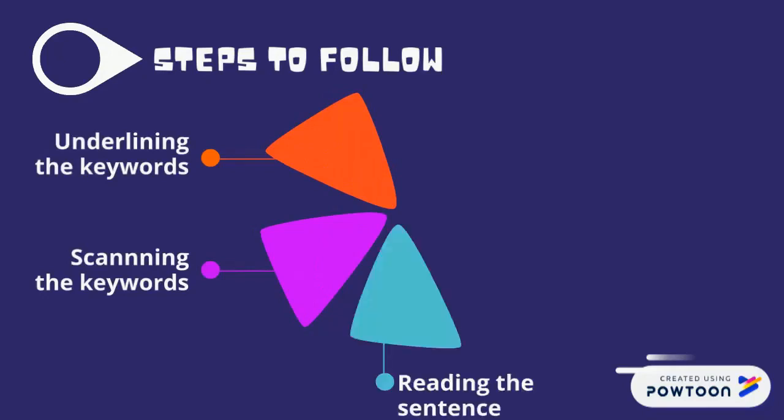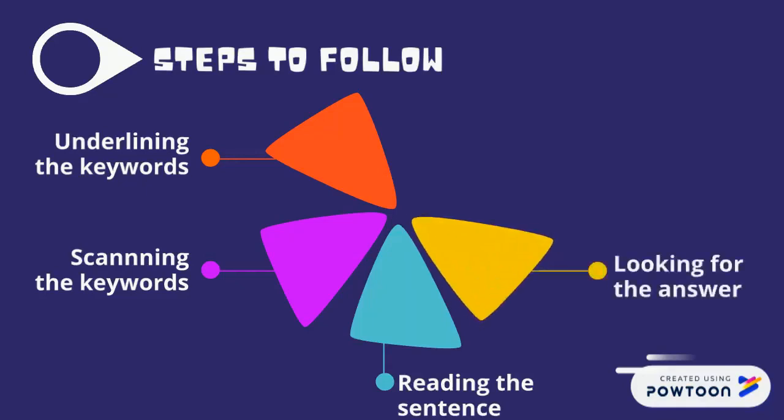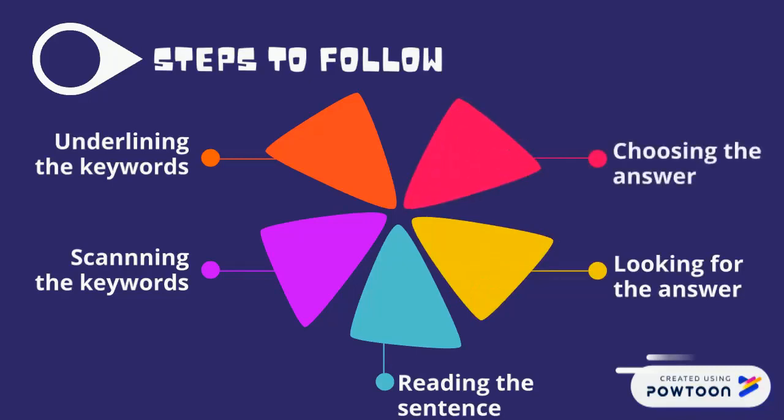Read the sentence that contains the keyword or idea very carefully. However, in step number 4, you have to look for answers that are definitely true according to the passage to eliminate those answers. And in the final step, number 5, you have to choose the answer that is not true or not discussed in the passage.